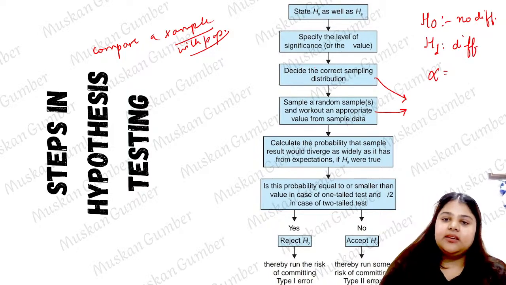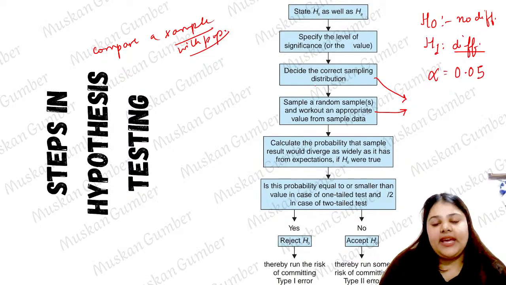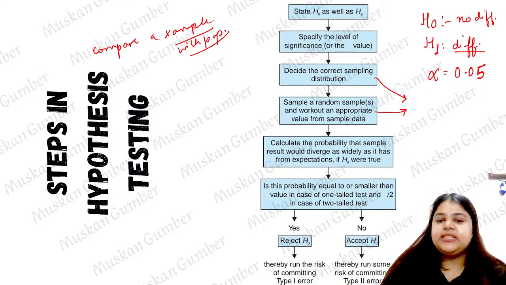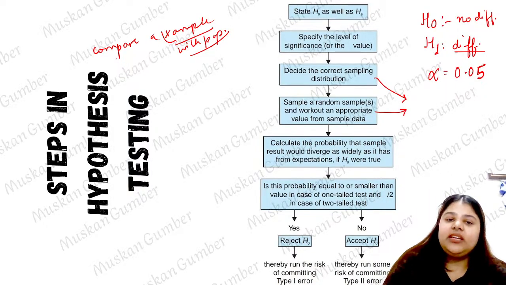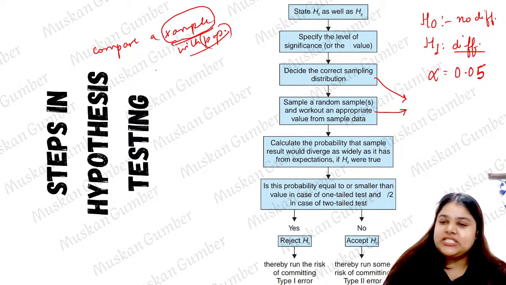The alternate hypothesis would be that yes, there would be a difference. I have set up my alpha value as maybe 0.05. Then I would select the sample, which is my patient, collect their data, etc., and at last compare the blood pressure value that I got from the patient with the population's average.